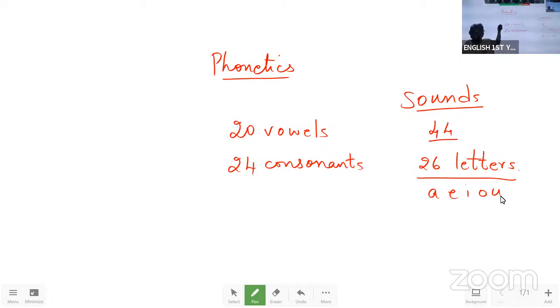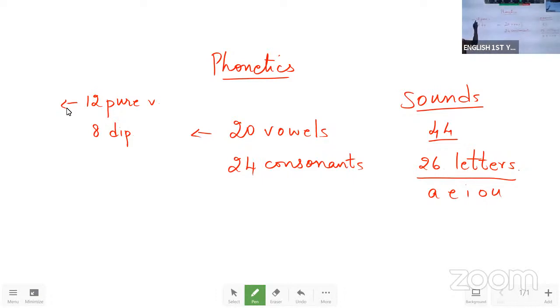So here in 20 vowels, we have 12 pure vowels. What do you mean by pure vowels? And what do you mean by diphthongs? 8 are diphthongs, while there are 12 pure vowels. Pure vowels meaning one vowel sound, while diphthong, di meaning two, there are 2 vowel sounds in it.